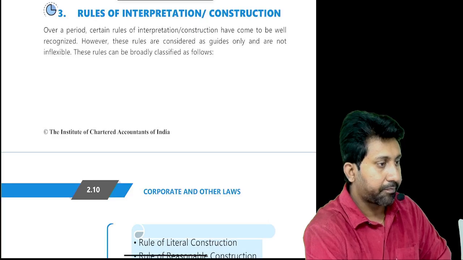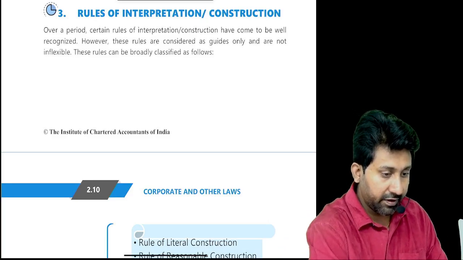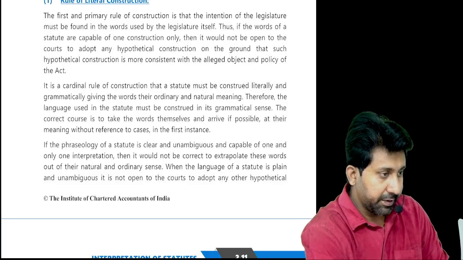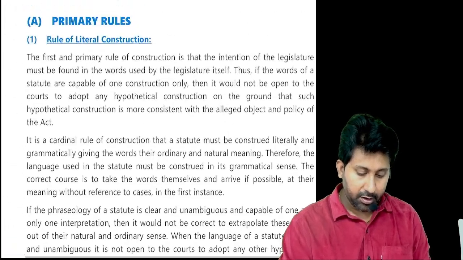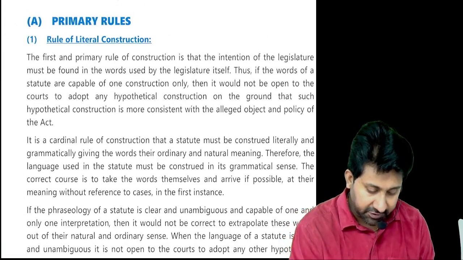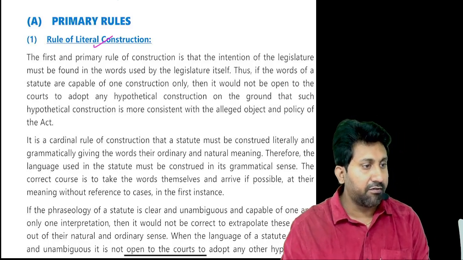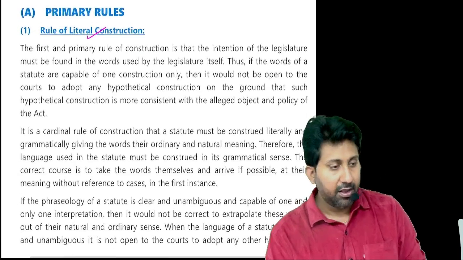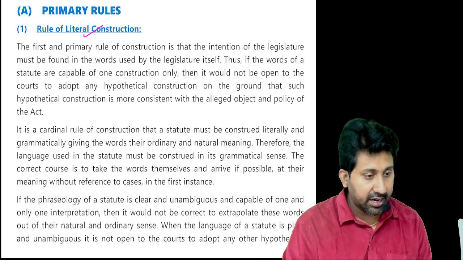First one is the rule of literal construction. Let's begin. Primary rules. First primary rule is the rule of literal construction. I will first tell you one point, after that we will be going into the analysis.